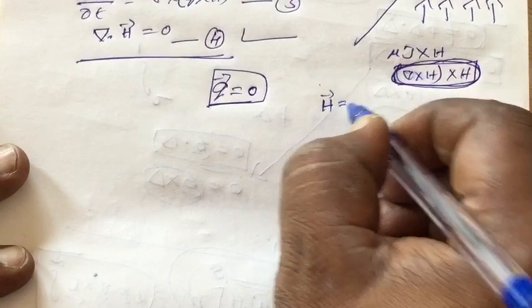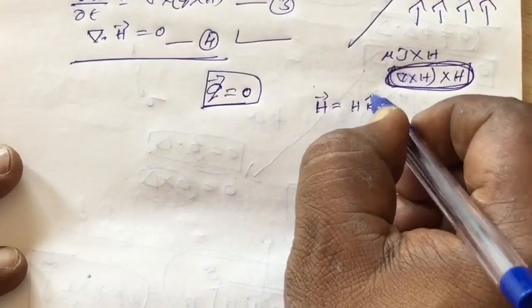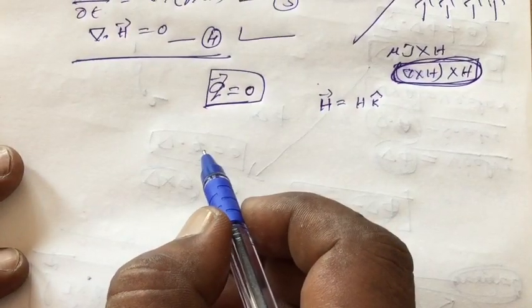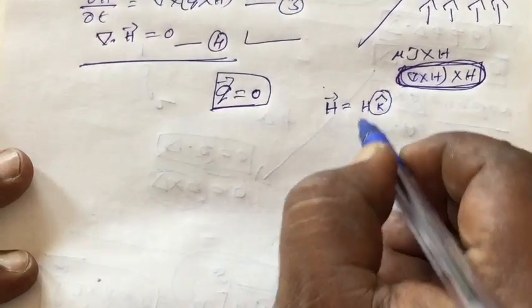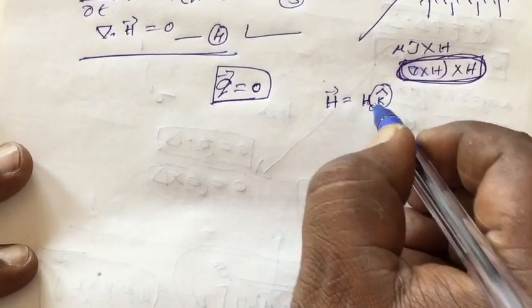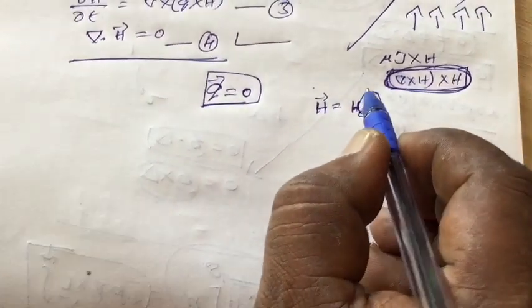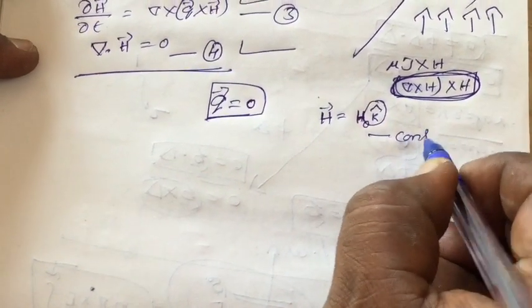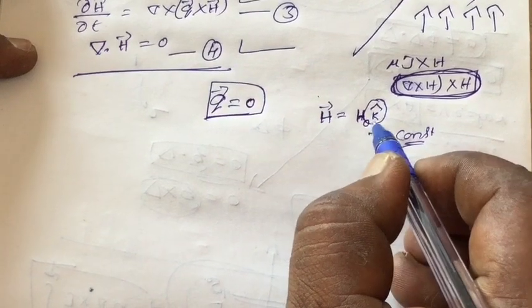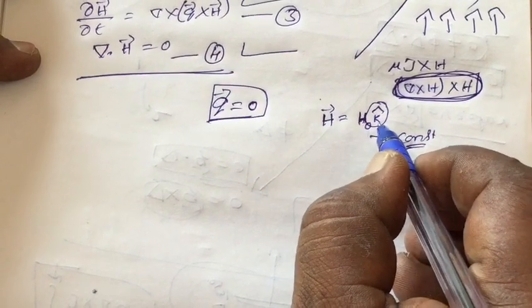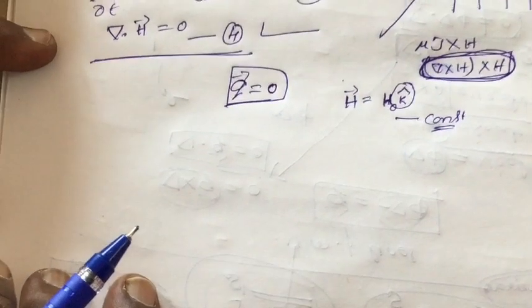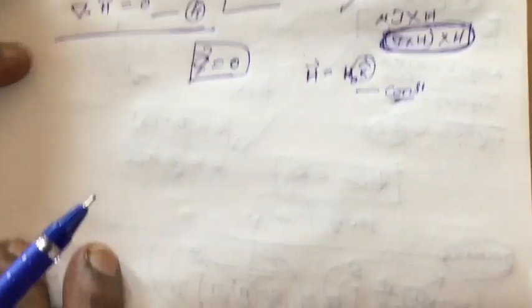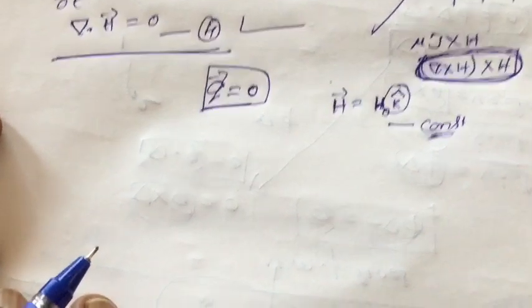H should be in the direction of K only, because it is vertical, and it is uniform. That is why I take H naught as constant, and K is in the direction of Z, so it is a vertical magnetic field.